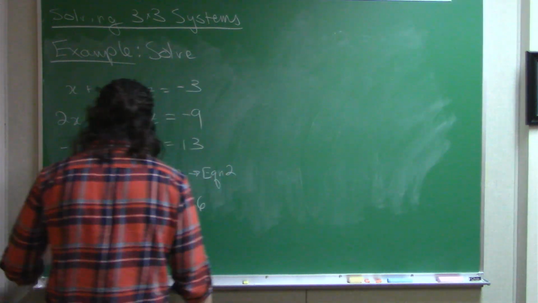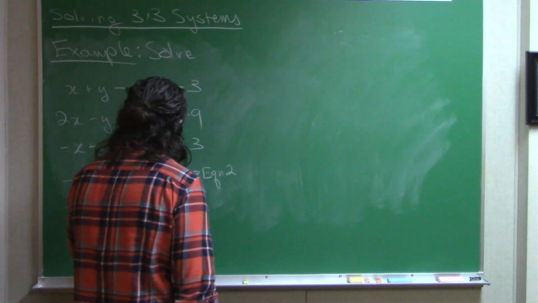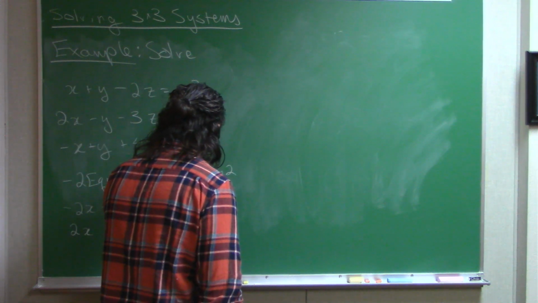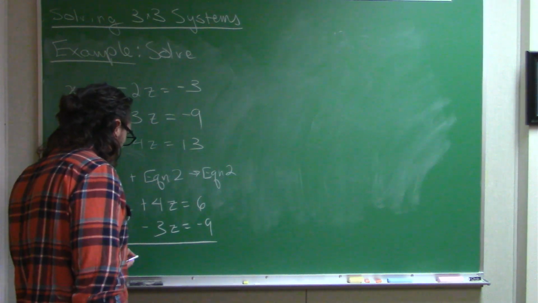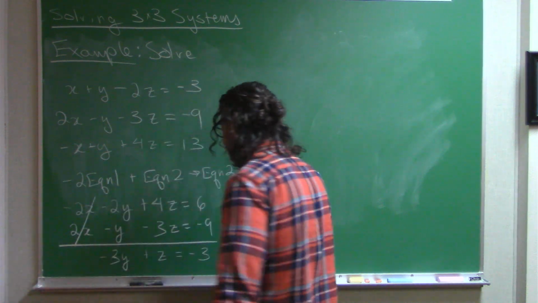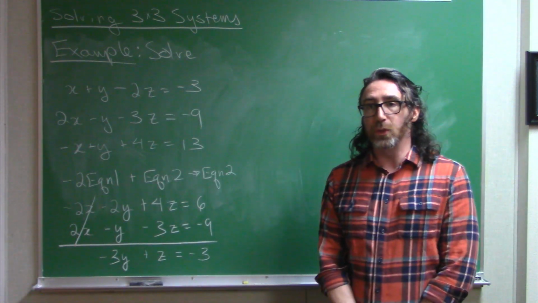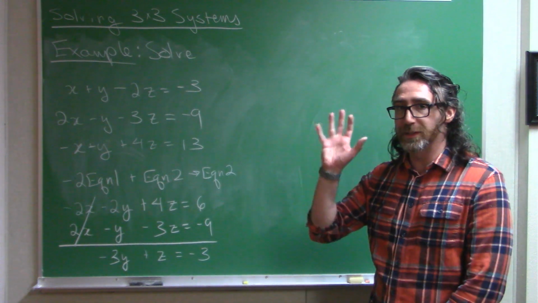And then over here, 2x minus y minus 3z equals negative 9. Those cancel. Negative 3y plus z equals negative 3. Okay, so this is my new second equation.